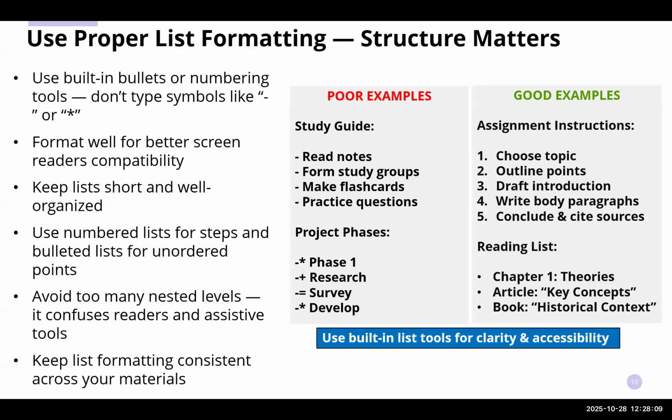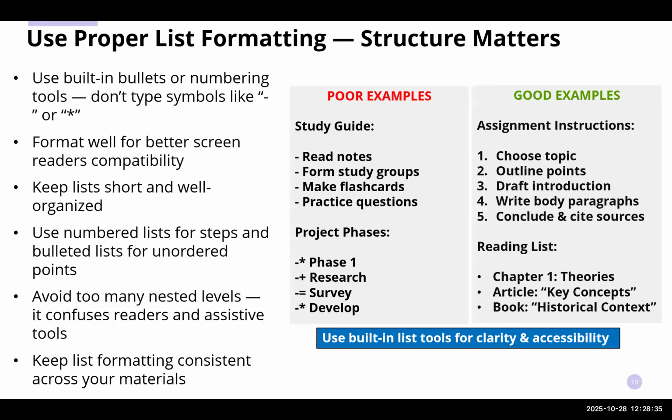And that means important information can get lost for students who rely on assistive technology, and they might take even longer just to reach a particular bullet point. Numbered lists are great when you are showing a sequence of steps, and bulleted lists work best when you're sharing a group of related points.